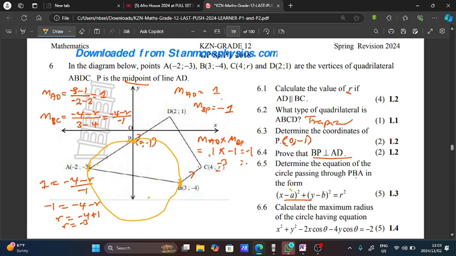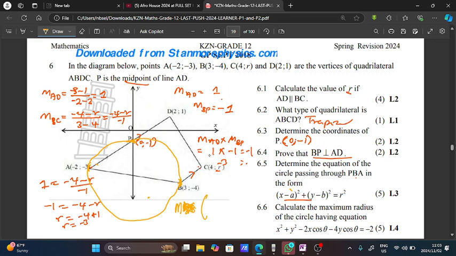What is the midpoint of AB? Let's just call it M.